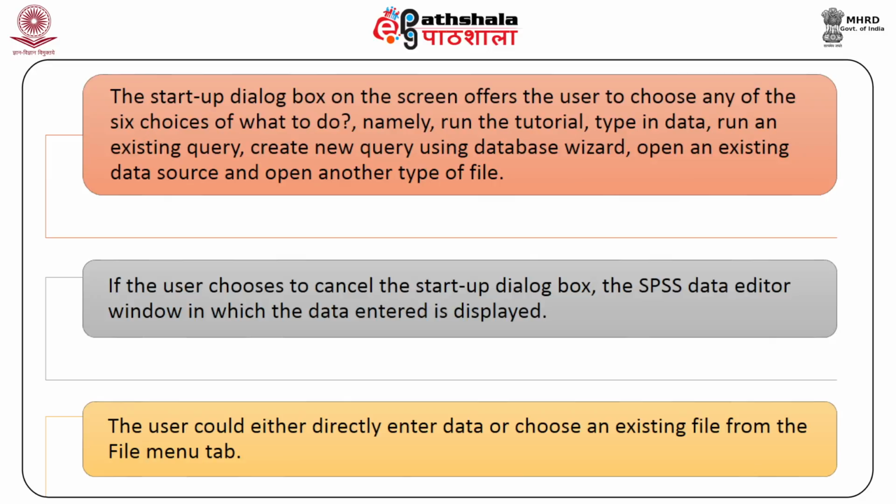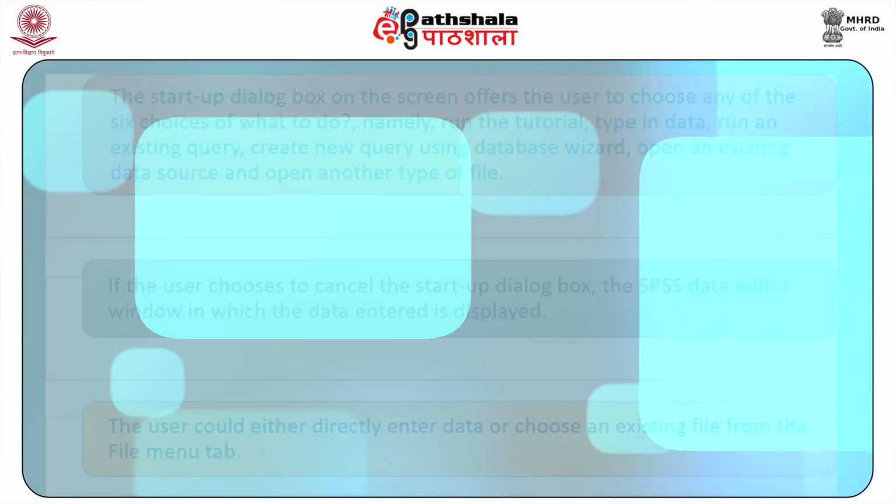If the user chooses to cancel the startup dialog box, the SPSS data editor window in which the data entered is displayed. The user could either directly enter data or choose an existing file from the File menu tab.